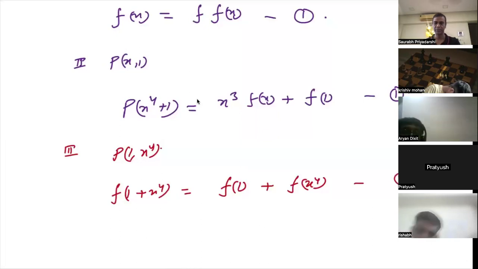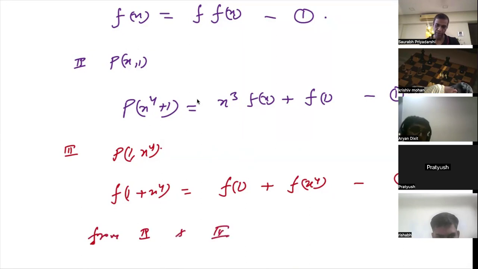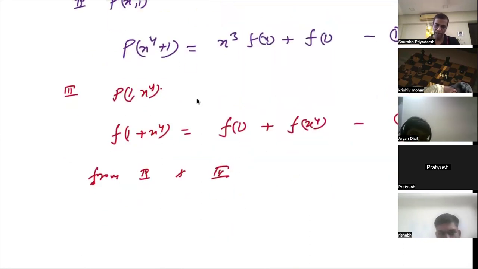Can I write this? From the second and third, what I'm getting is x to the power 4 is equal to x cube f of x.